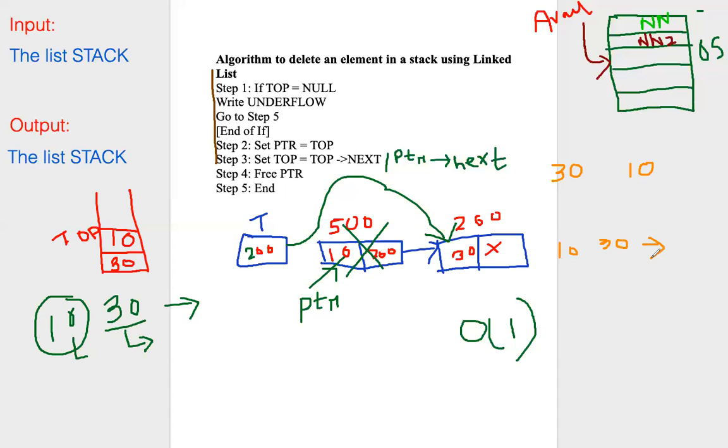But your assignment is, if we want to display in the reverse order, that is 30, 10 and so on, how can you implement that? I'm talking about the implementation issue. You can try it out as an assignment.